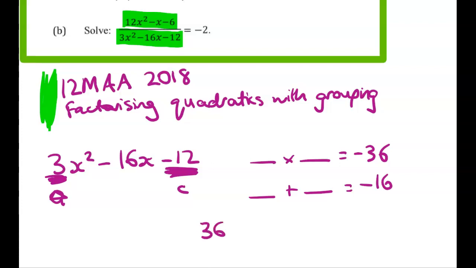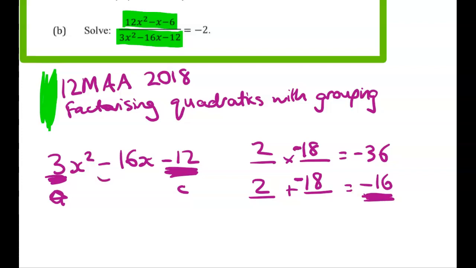So we might think of 36 and 1, and that's got a gap of 35. Because of the negative, what we're looking for is a gap between the two numbers of 16. Hopefully you'll see quickly that the next pair down, 2 and 18, is going to make this work if I put the negative with the 18. So 2 plus negative 18 gives me negative 16.